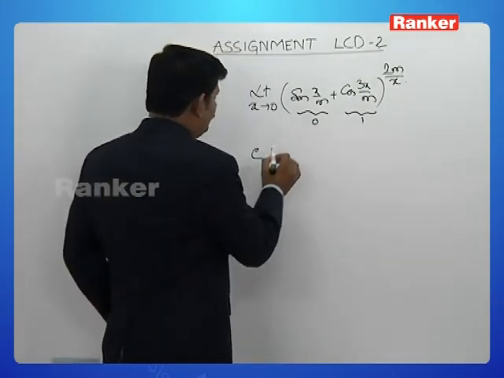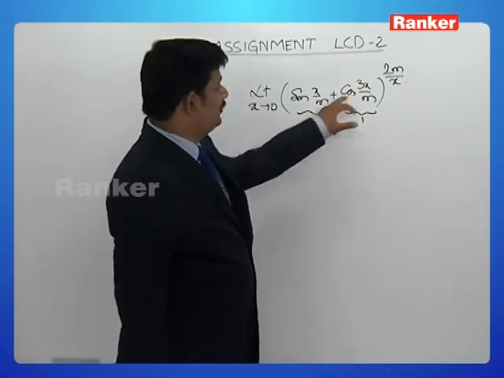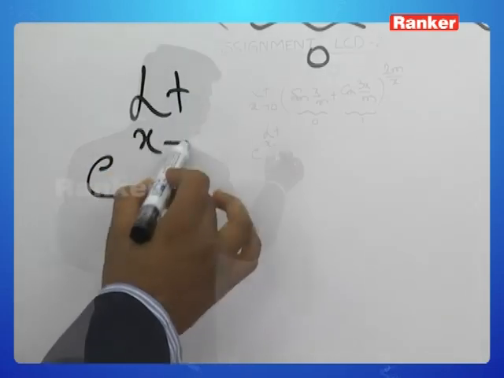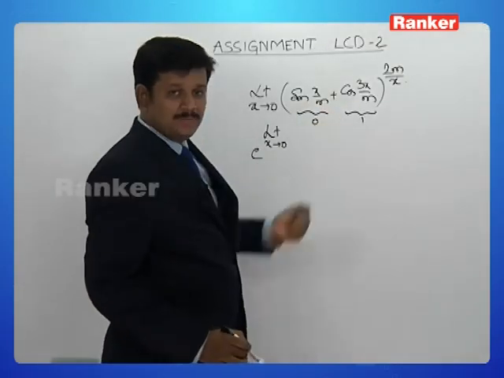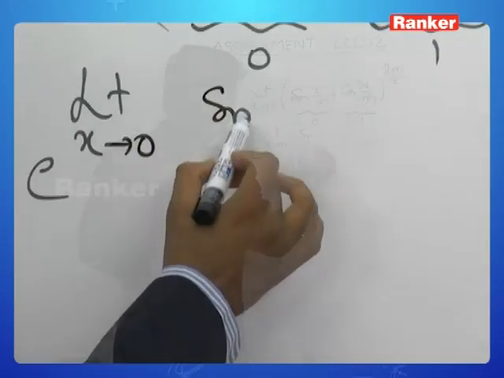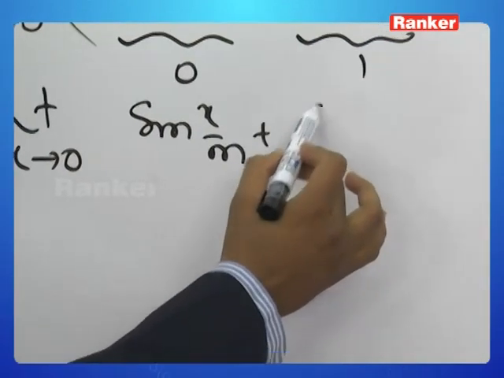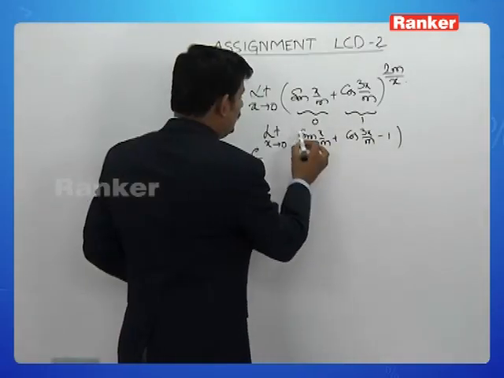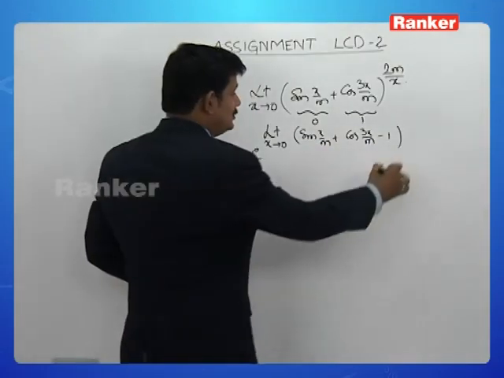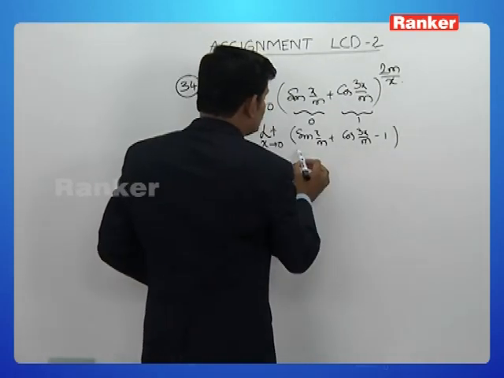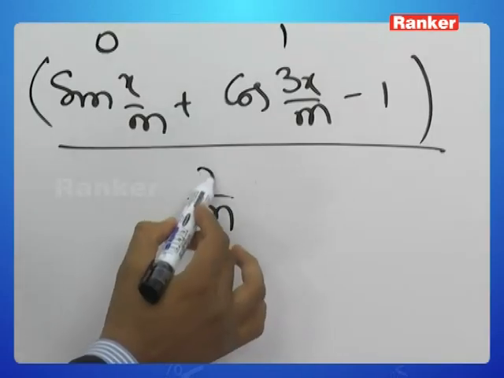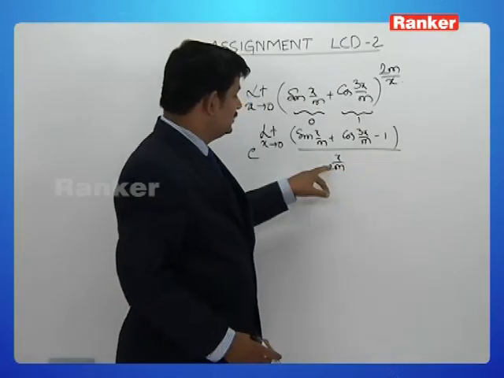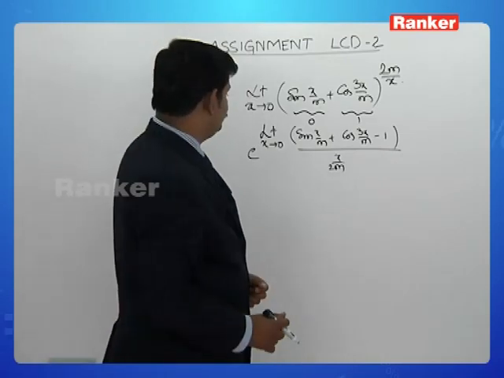For every 1 power infinity form, the limit as x tends to a of f of x power g of x, we know we can write it as e power the limit as x tends to a of f of x minus 1, that is sin x by m plus cos 3x by m minus 1, into g of x. g of x is 2m by x, so instead of multiplying by 2m by x, we can divide by x by 2m.